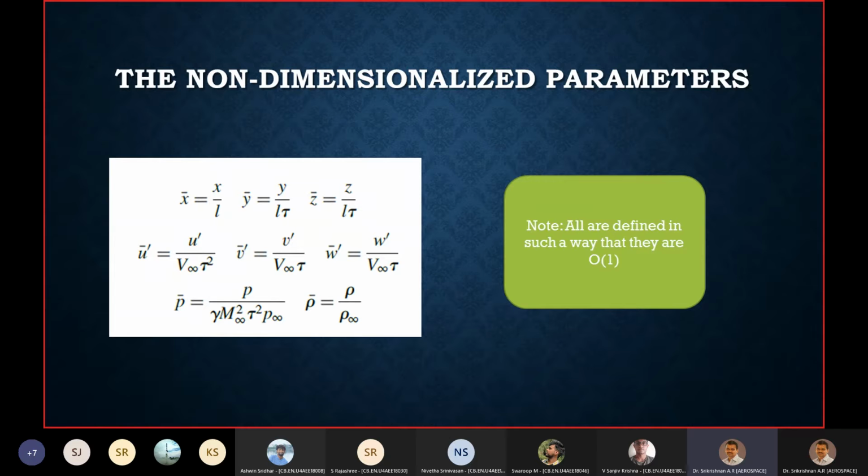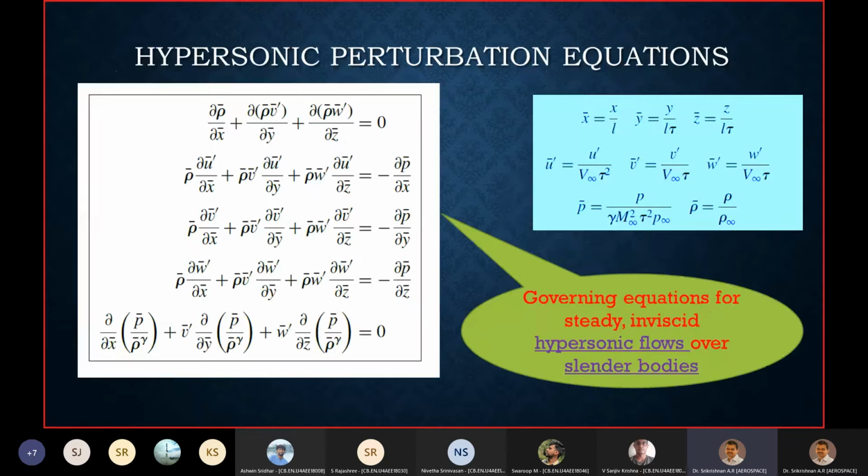Now, all these non-dimensional parameters that we have are of order of magnitude 1. I guess I had shown P bar in one of the earlier slides.